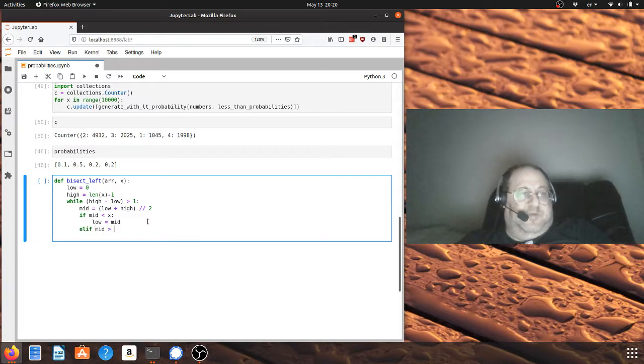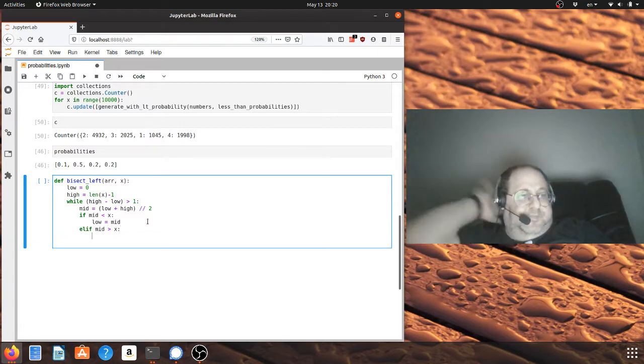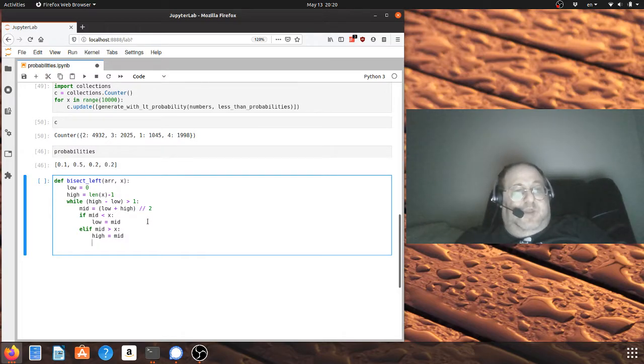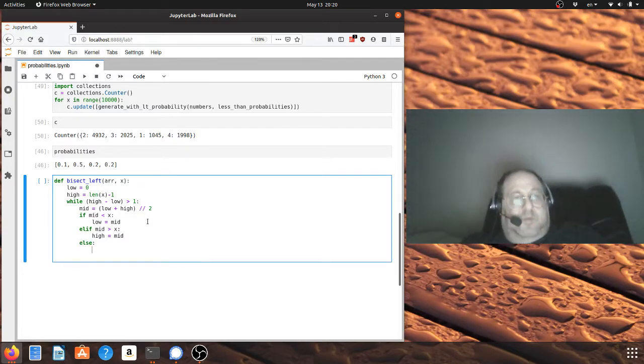If mid is greater than x, then high equals midpoint, right? Because at this point we know that mid is above x. And else, which means mid is equal to x, right? And remember, we want to return else break.